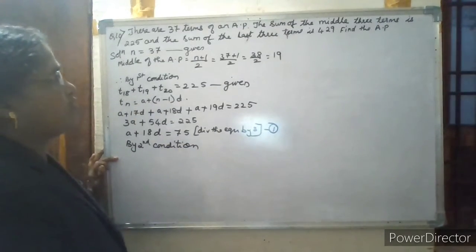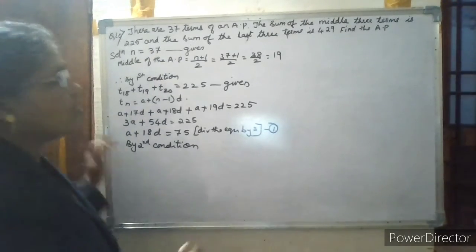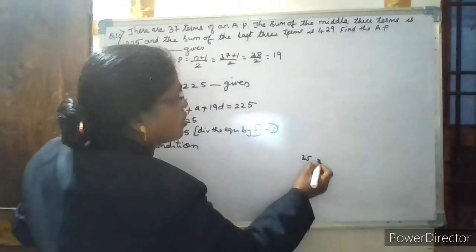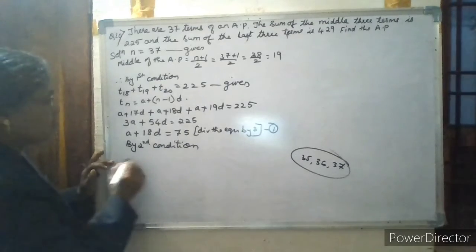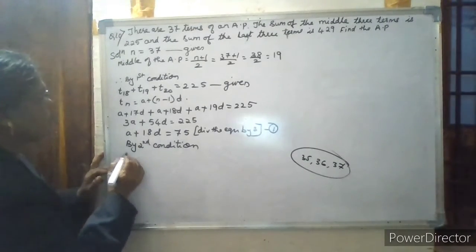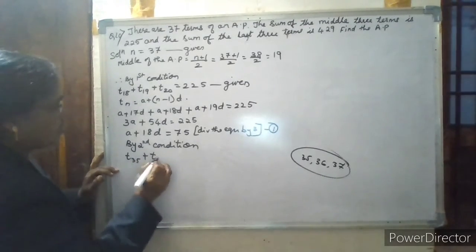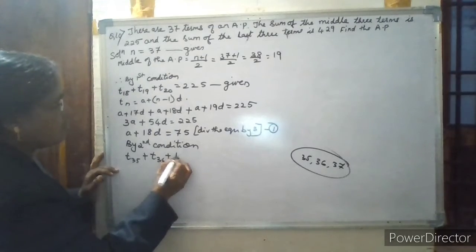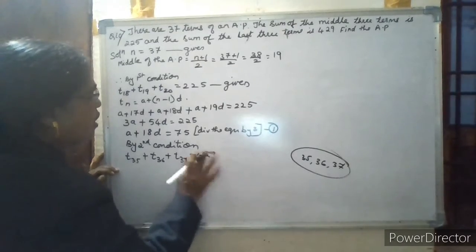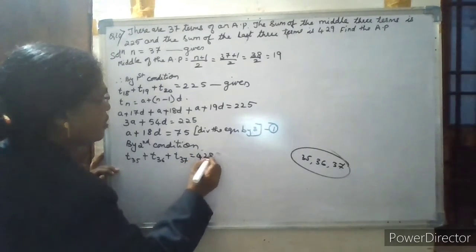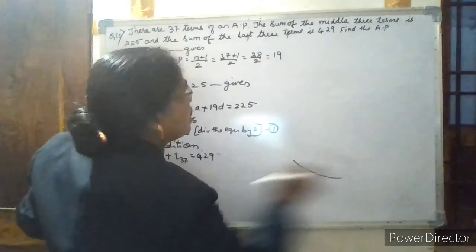Totally there are 37 terms here, so the last three terms will be the 35th, 36th and 37th. Therefore, by the second condition, the 35th term plus the 36th term plus the 37th term is equal to 429.